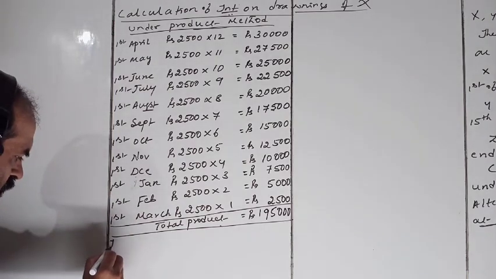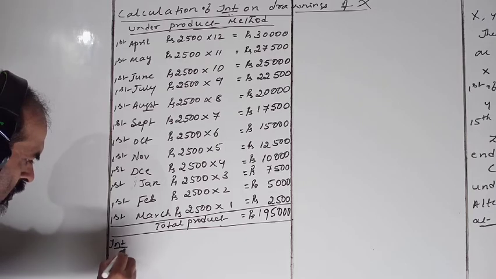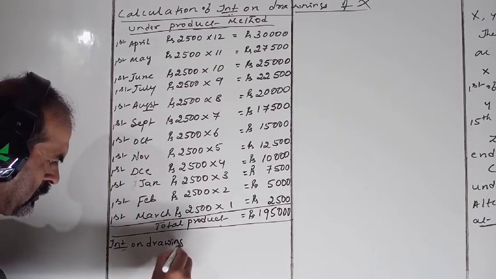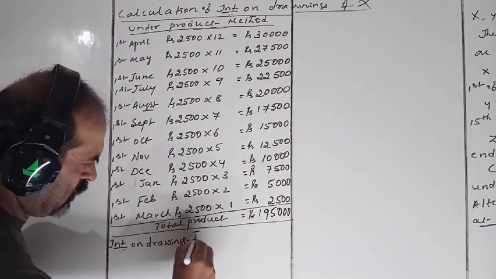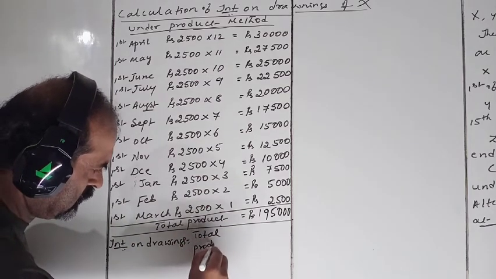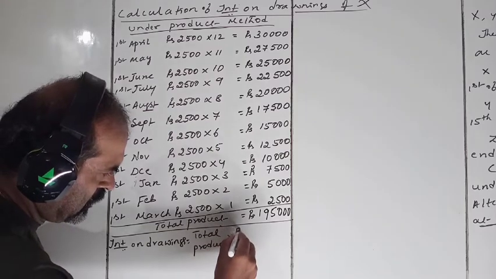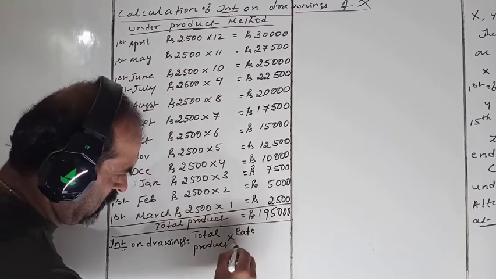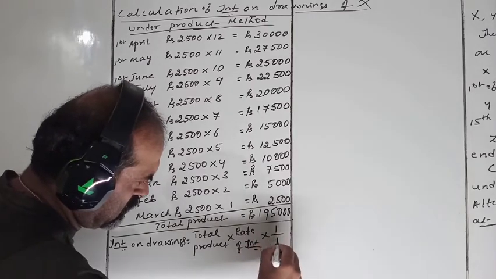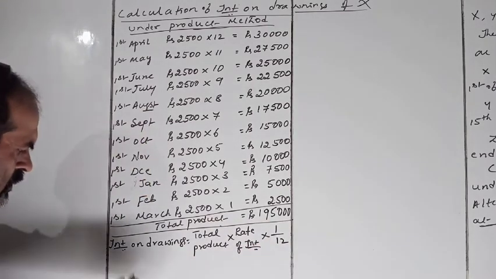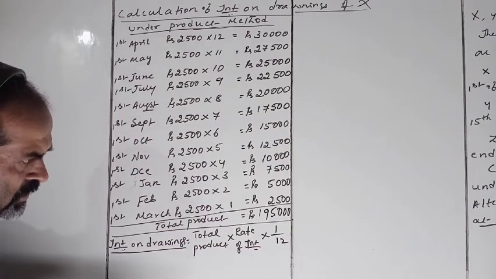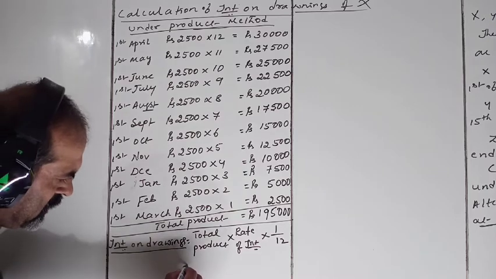Yes, the next formula for interest on drawing calculation: total product into rate of interest into 1 by 12. The total product is calculated. Rate of interest is given as 12%.